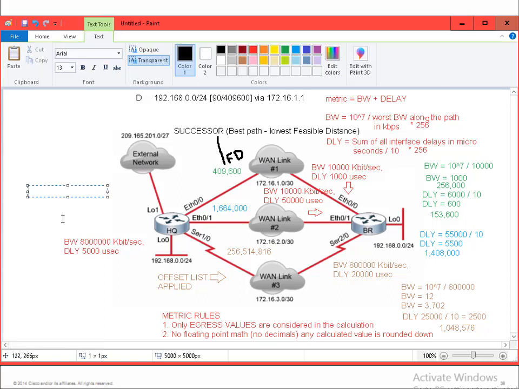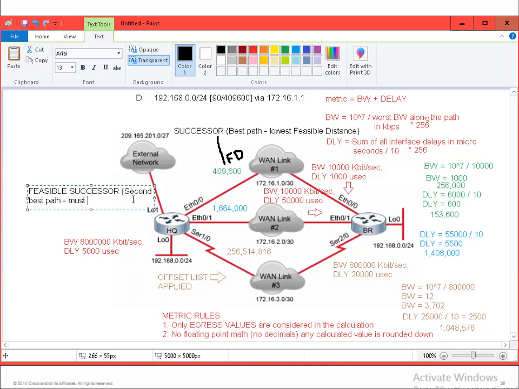All right. This path here becomes something called a feasible successor. Let me see, I'll put it over here. Feasible successor is the second best path, as long as it meets the feasibility condition.